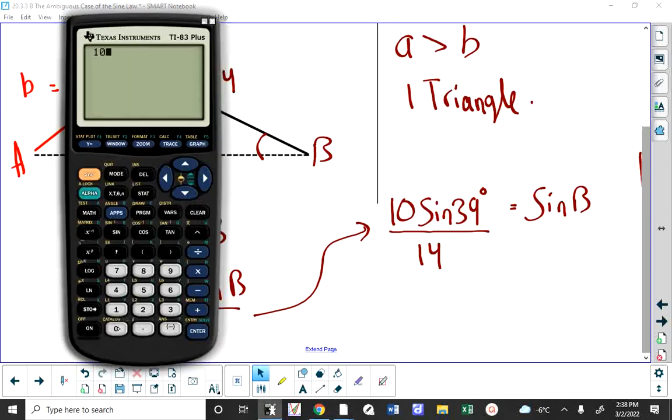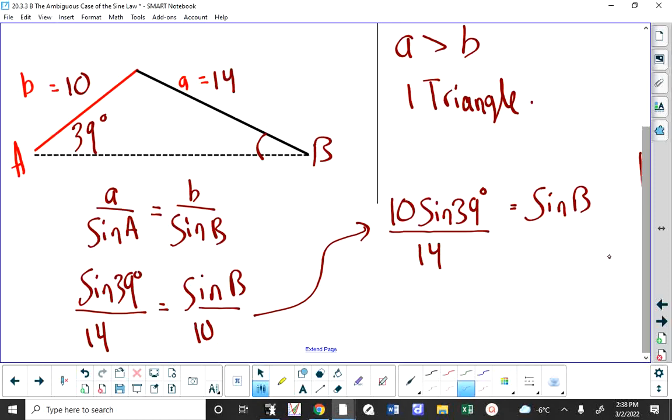All right, 10 sine 39 degrees, close brackets on the 39 degrees, divided by 14, inverse sine of the answer, 26.7. Yes? Good. So 26.7 is angle B.